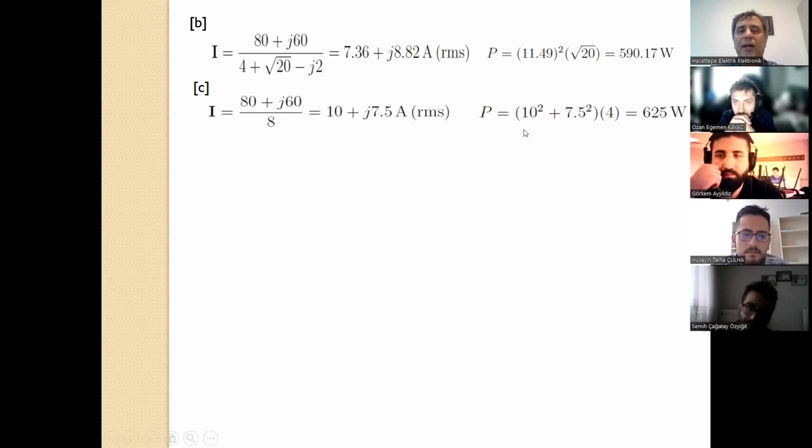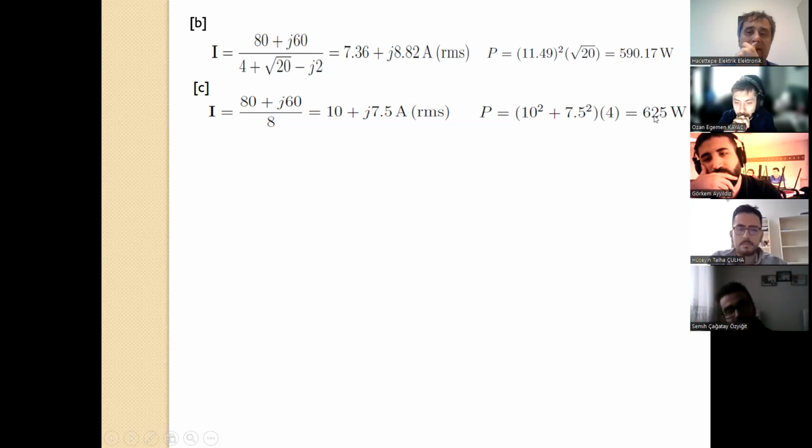So you can calculate, due to this current, the average power as 625 watts. Look, this is the optimal power actually. This is the maximum average power that you can draw without any limit at part C. The power that you found at part B is the one that comes closest to it due to limitations.